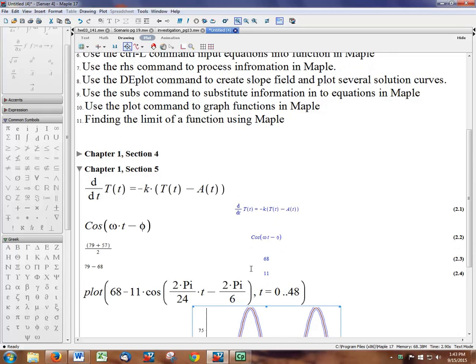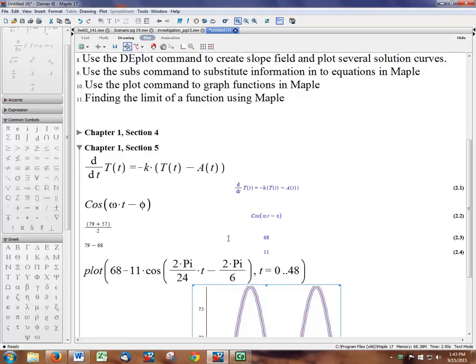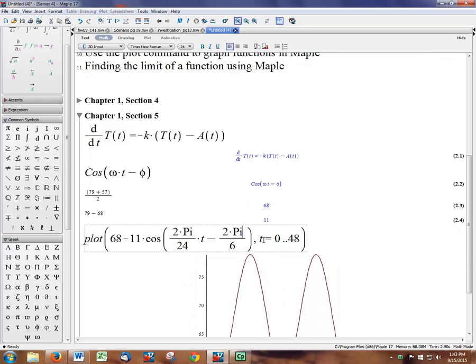So if we create this, let's get rid of this. So what do we have going here? I got 68 minus 11 degrees times cosine. Now cosine will vary between minus 1 and 1. Well, we have to give it a period to vary over. The temperature is going to have to go through a period, and in cosine that is 2 pi.